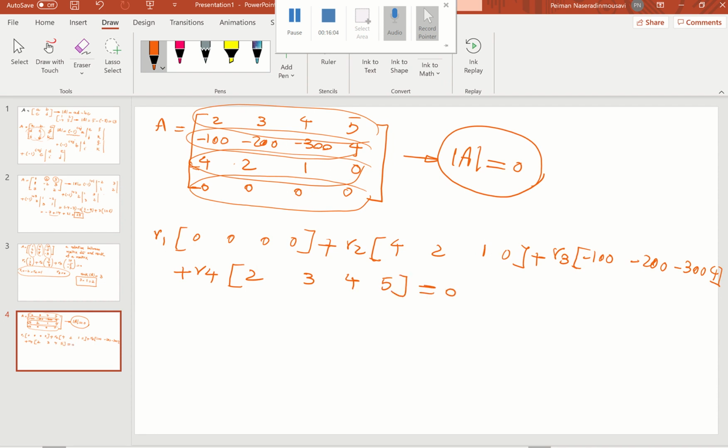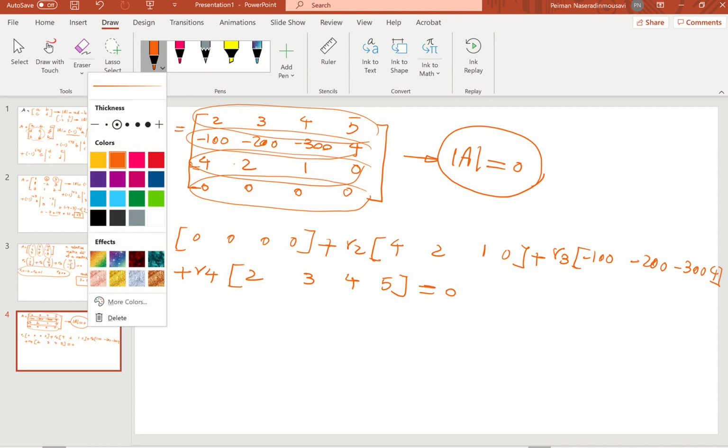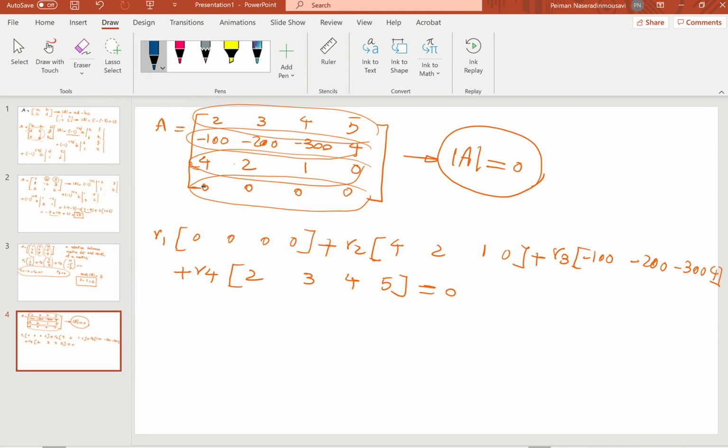To satisfy this, the immediate solution I can choose is that R1 can be any non-zero number, because any non-zero number times this can be 0. I don't care what R2, R3 and R4 are, 0 or non-zero, but based on the definition you can see that these matrix rows are linearly dependent.